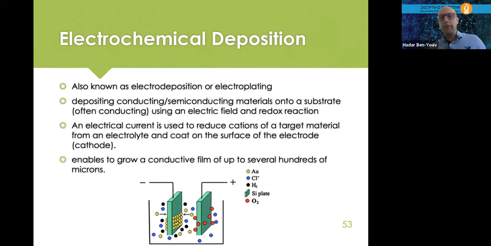These kinds of reactions can go very slowly or very fast, depending on the current density that you use, which can provide either a very uniform, very good quality coating, or a very poor coating if you want thicker films.